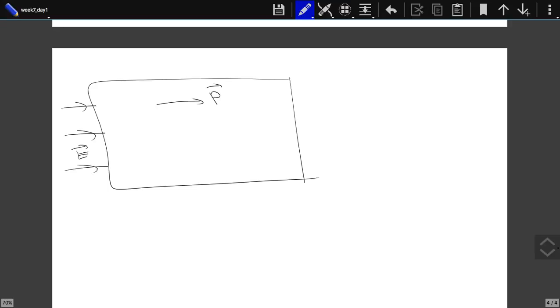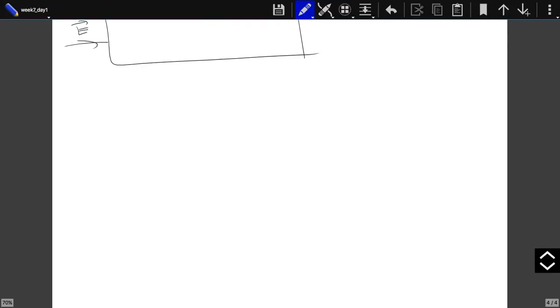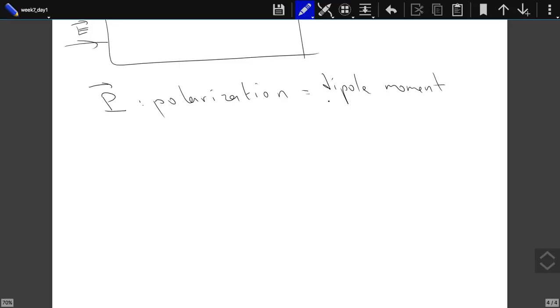Most of the time, since we have this continuum system, we will be talking about the polarization, and we will denote it by capital P. This is nothing but the dipole moment density, or dipole moment per unit volume.